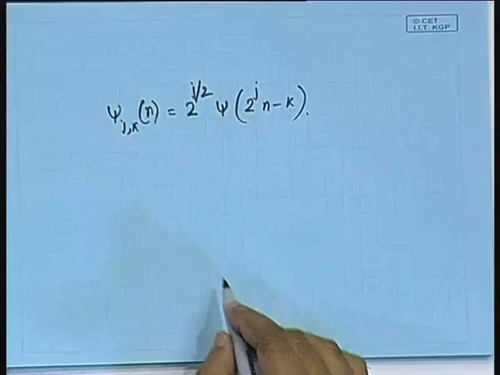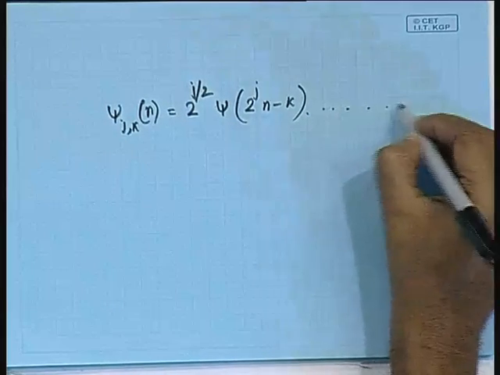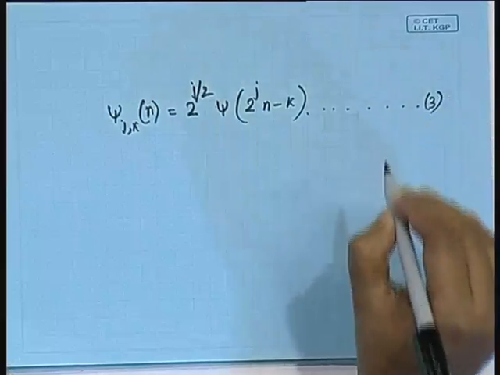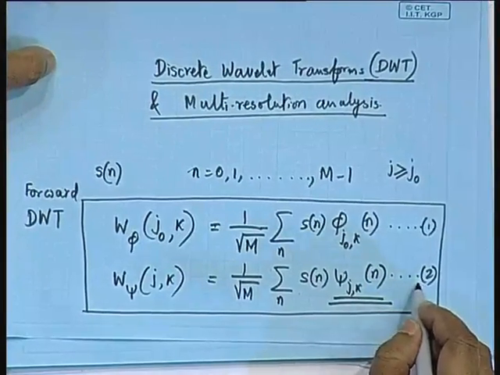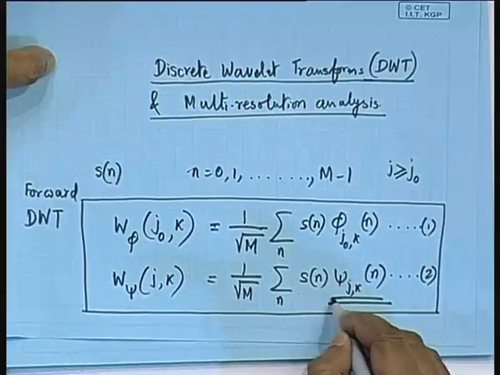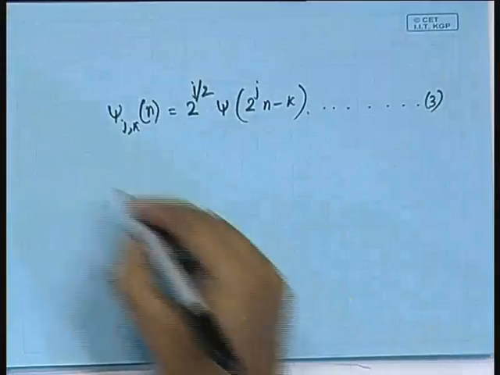Now if I call this equation number 3, I will be applying equation number 3 into equation number 2, meaning I will be substituting this psi j k term.